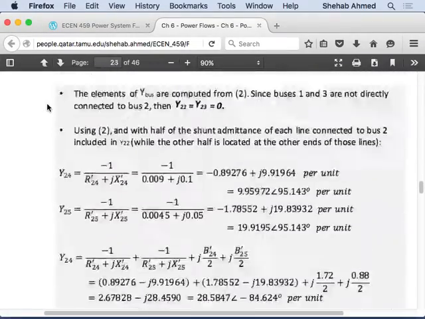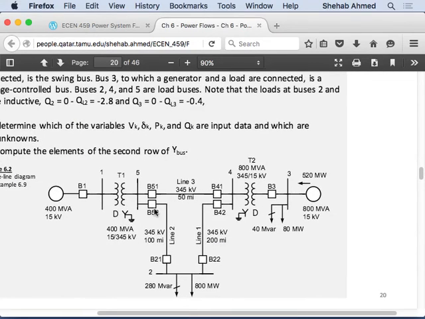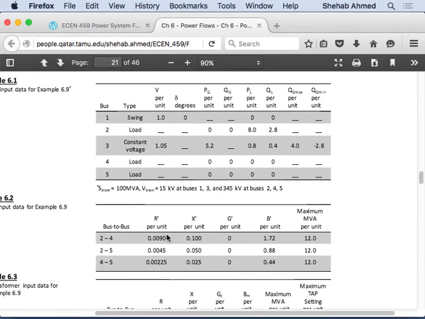So back to my system. Sorry, where's the system? This is my system here. At bus 2, I have a load. Its real power is 800 megawatts and its reactive power is 280 megavars. The base power was 100 MVA.